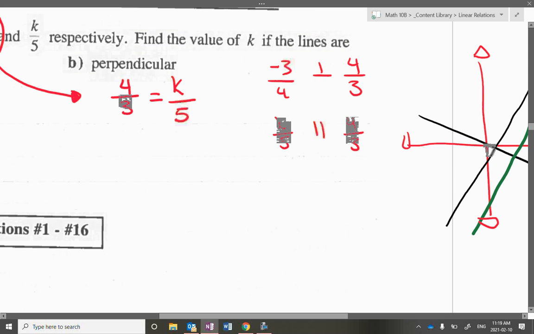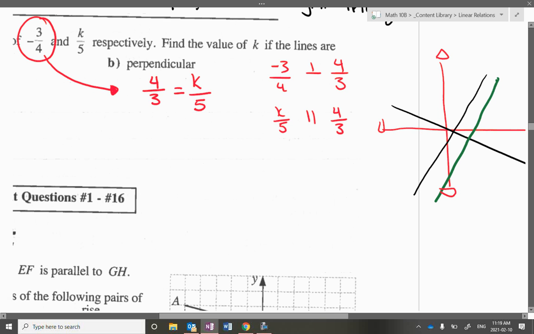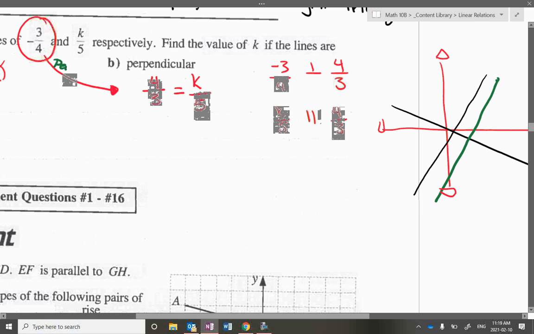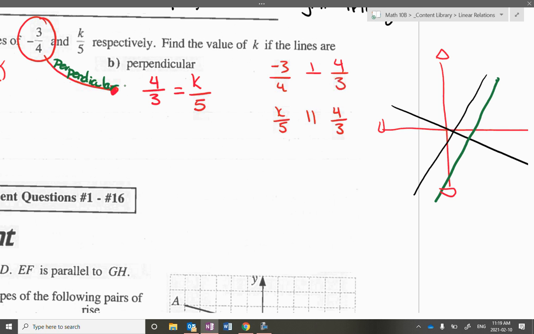Go ahead, Camden. How come when you make it perpendicular, you switch the negative, like -3/4 to +4/3? Because the rule of perpendicular is it's a different sign and then it's flipped. So it's a negative reciprocal. That just means your sign changes, to change the direction.